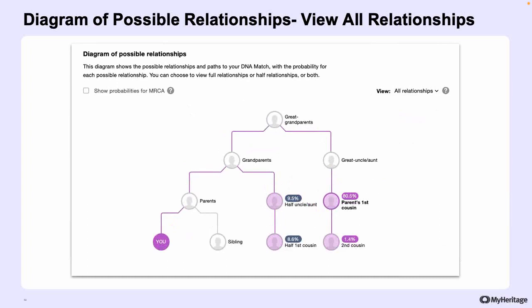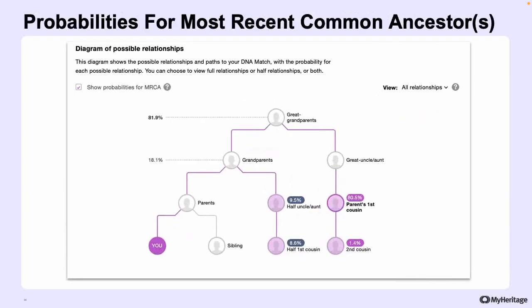So in that view, I can see both the full relationship and the half relationship. These are all the possible relationships that we found to have with Samuel, and they are shown on this diagram. Now, you can see the checkbox here says show probabilities for MRCA. What does that mean?